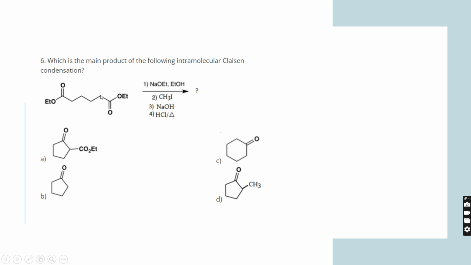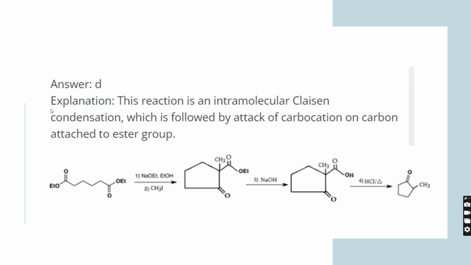So this carbon you can connect to this carbonyl carbon and this ethoxide will move away. Thus, you will get a product which will be somewhat like this, and this methyl is coming after step 2 where we are adding the methyl iodide.